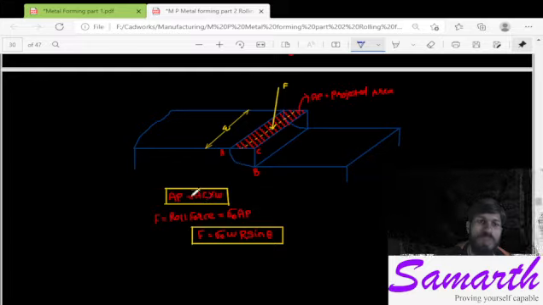Now if you get this area, then for getting force, you know that force is the stress into area. Stress into projected area, that is W into R sine theta. AC is the R sine theta we have recently found from the last slide. So here we have got force and AC.